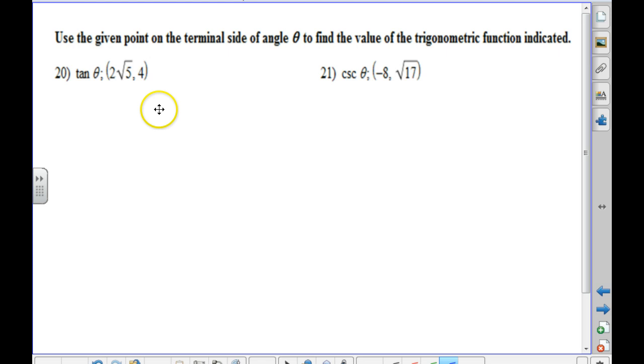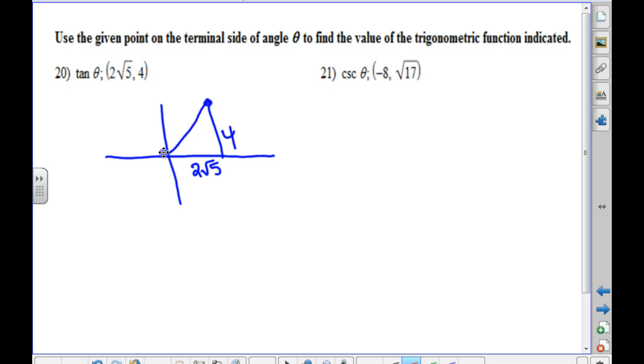All right, these are easier. This says, it's still on the coordinate plane, but we get to draw the triangle just using the ordered pair. So if we go to the right 2 square roots of 5 and up 4, we're out here somewhere. If we draw a triangle and we use the reference angle as the angle with the x-axis in here, then tangent is opposite over adjacent if you want to use that definition.